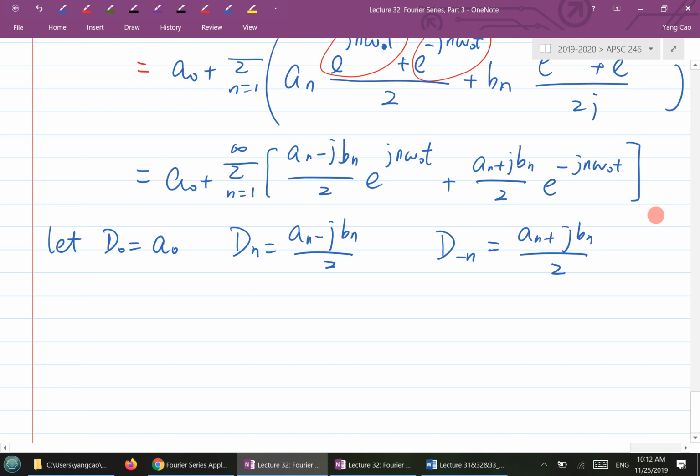As a matter of fact, what's the connection between dn and d negative n? There's a sign difference here, right? So the sign difference here is a complex number conjugate. So you can write this d negative n as the conjugate of dn.